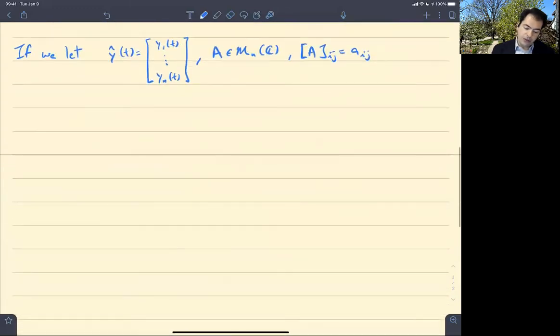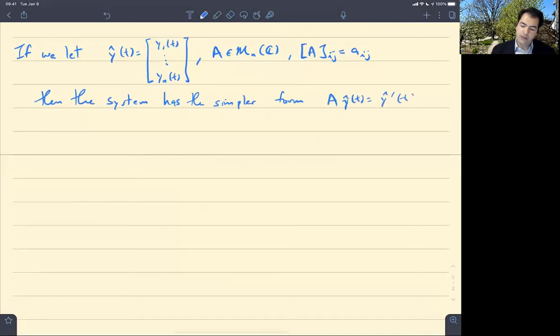So in terms of this notation, the system has the simpler form: A times y hat of t is equal to y hat prime of t. Of course, y hat prime of t just means the vector whose coordinates are y1 prime of t, y2 prime of t, and so on down to yn prime of t.